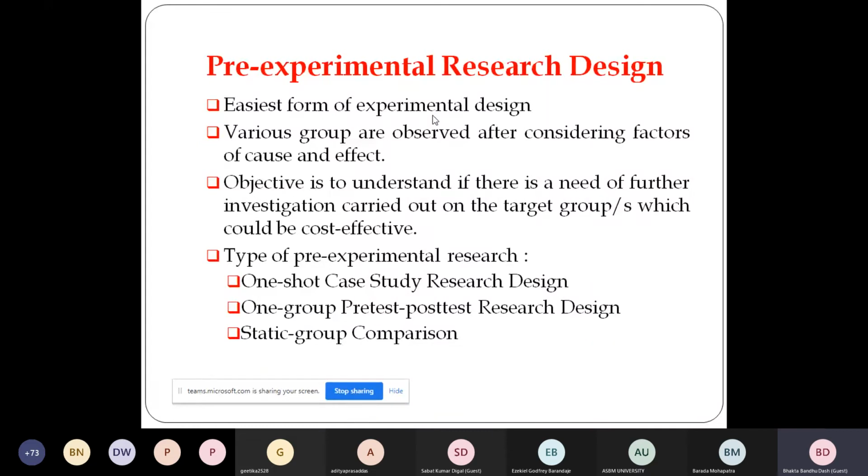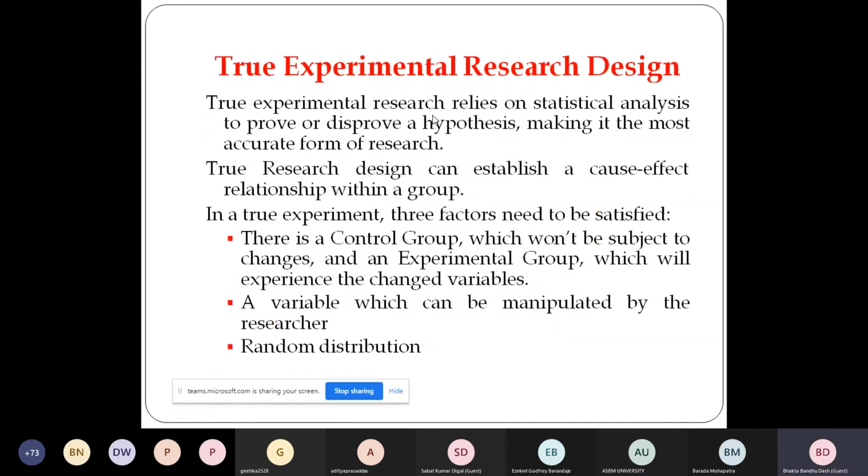But ultimately what happens, it necessitates more intrinsic or more investigative force, which can be supported by a true experimental research design. And it relies on very strong statistical analysis to prove and disprove a hypothesis, to make it the most accurate form of research.